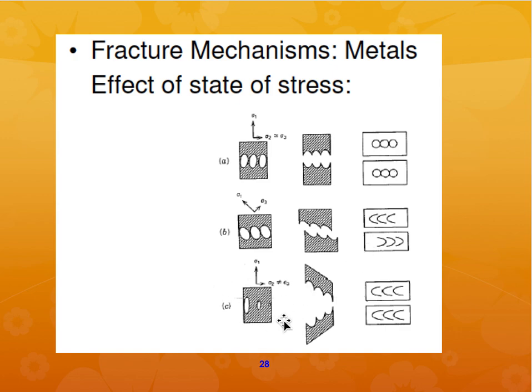And suppose these holes were all of different sizes and shapes. That means the failure can take place in a different manner. So the long and short of it is that the fracture mechanism is going to be controlled by the state of stress in your material.